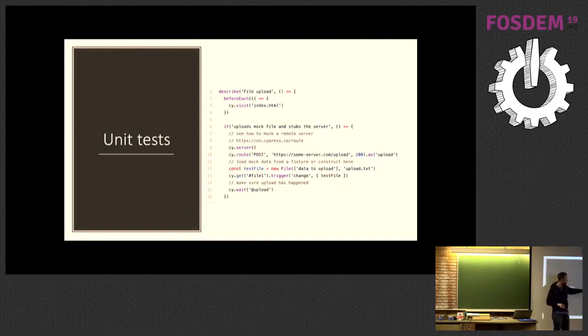Then you start a server, the mock server, and you say that for any POST request that the application will try to make for this route, I will return 100%, and you make an alias as upload function. Then you prepare your test file because you want to test a file upload, and on the file upload element, you trigger change with this file, and then you just validate that the route was called. So in this way, you are stubbing backend calls.